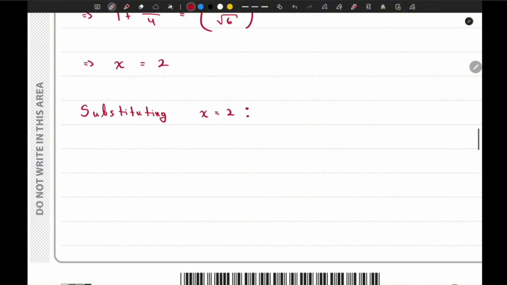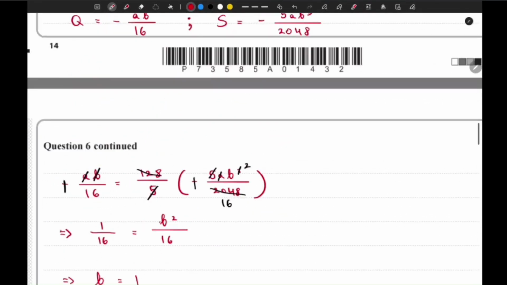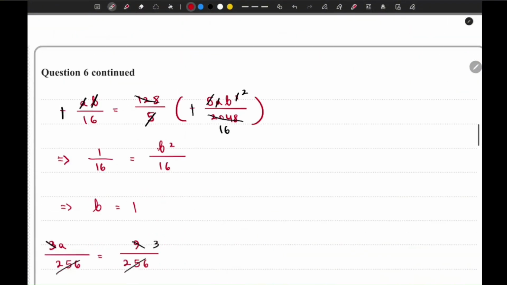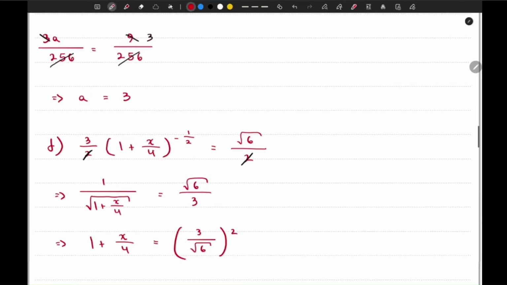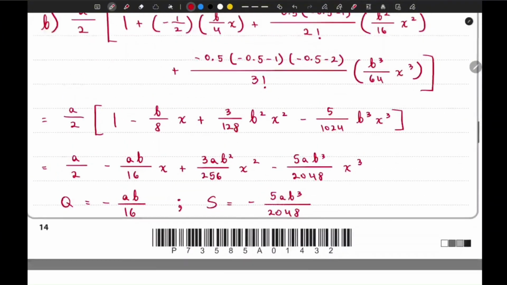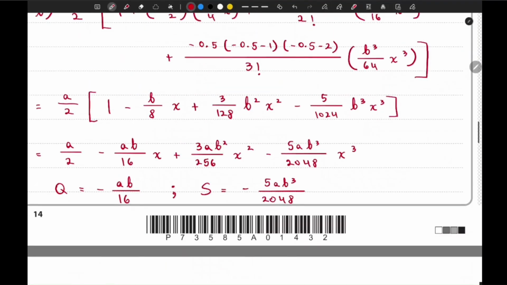So the expression was 3 divided by 2, 1 plus 2 divided by 4 to the power of minus half, equals a divided by 2. The value of a was 3. So that's 3 divided by 2 and minus 1 divided by 8 times x.